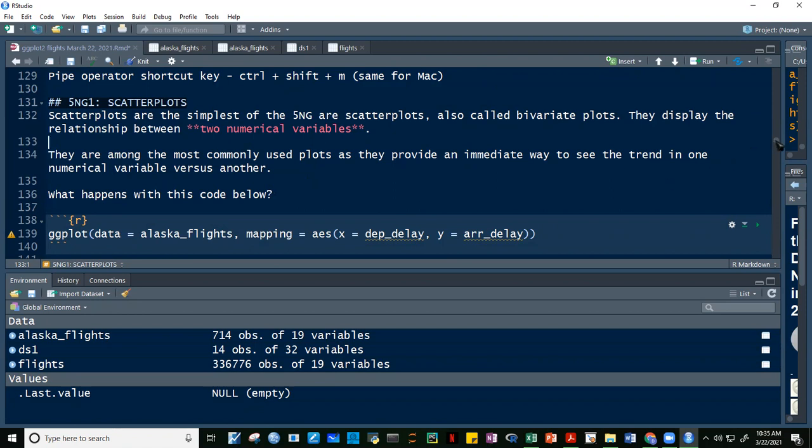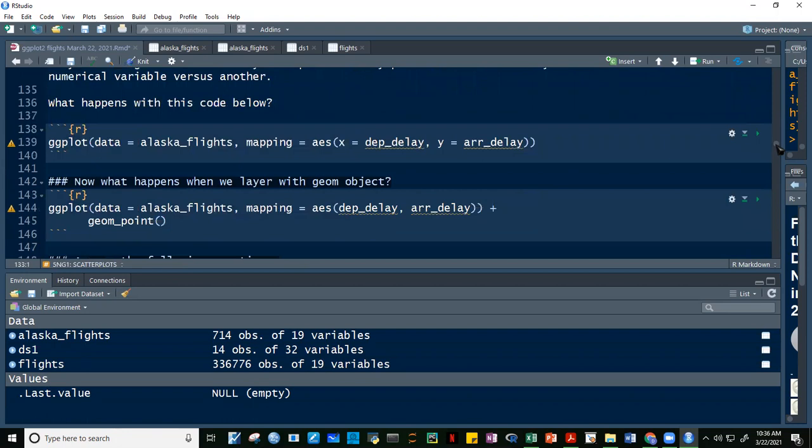Okay, so take a look at this. Let's start now learning ggplot2. This is the function ggplot. We said there are three components, right? The data, and the aesthetic mapping.